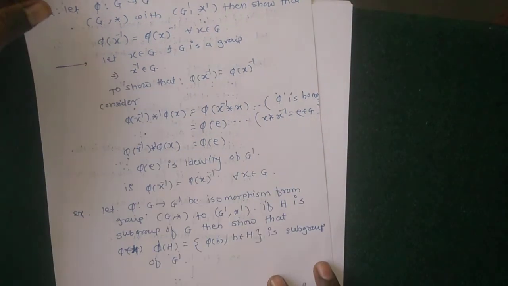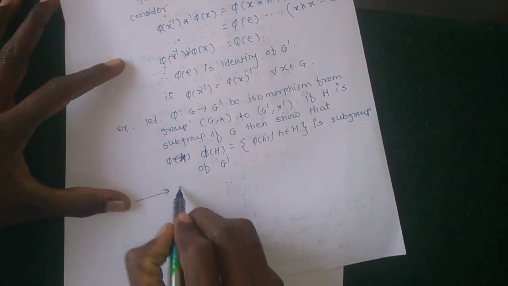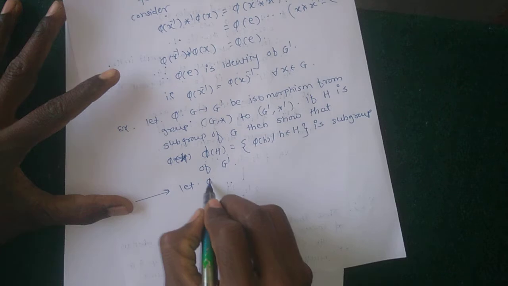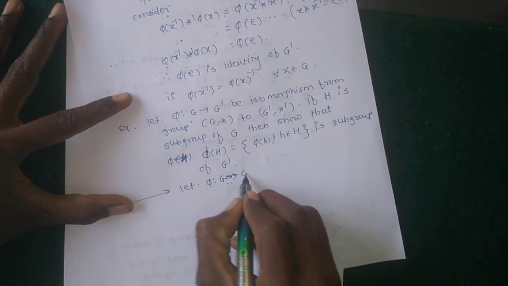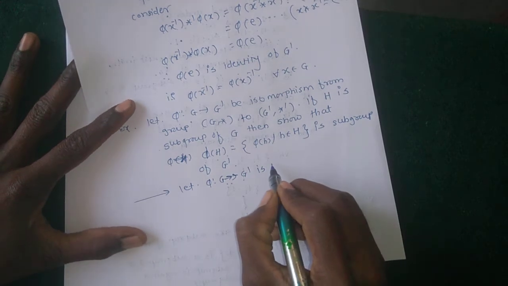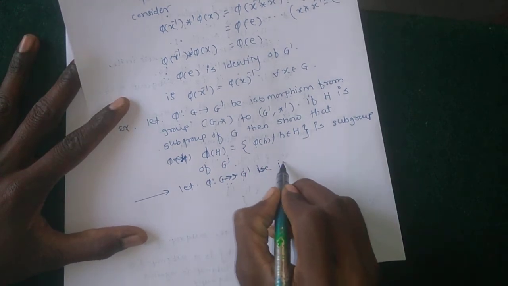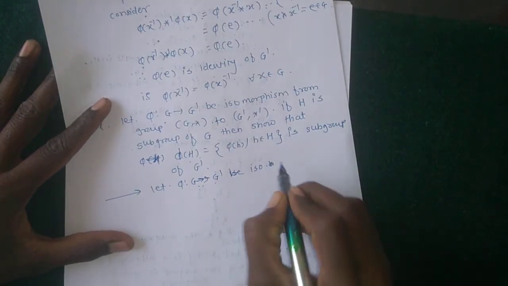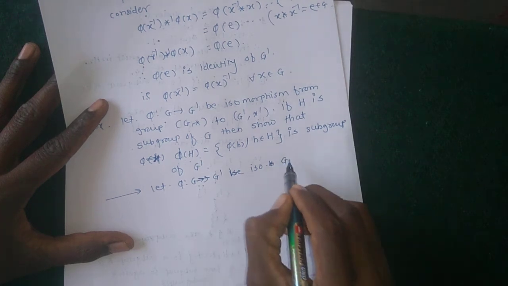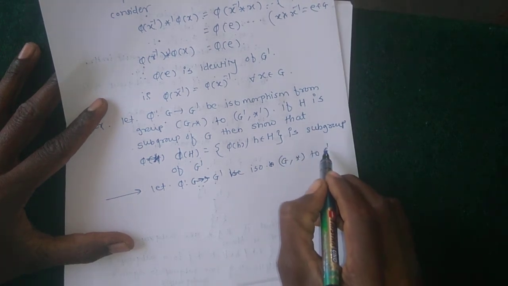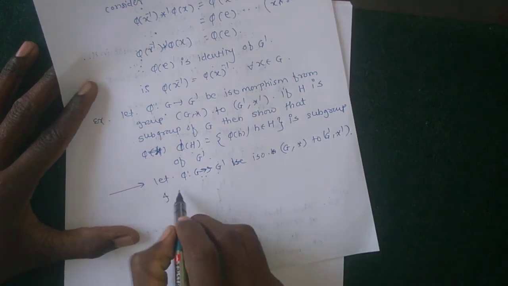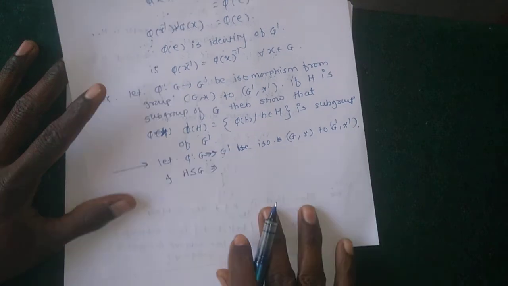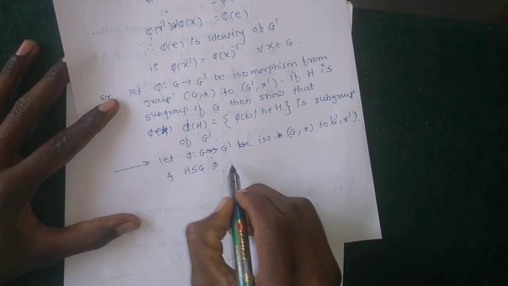Proof: the solution of this. Let phi from G to G dash be an isomorphic binary structure from G star to G dash star dash. And H is a subgroup of G, which implies that e belongs to H. H is a subgroup, which implies that H contains the identity element.